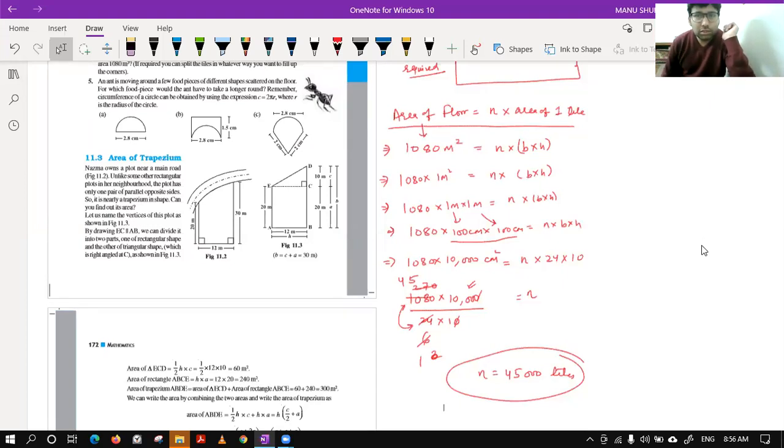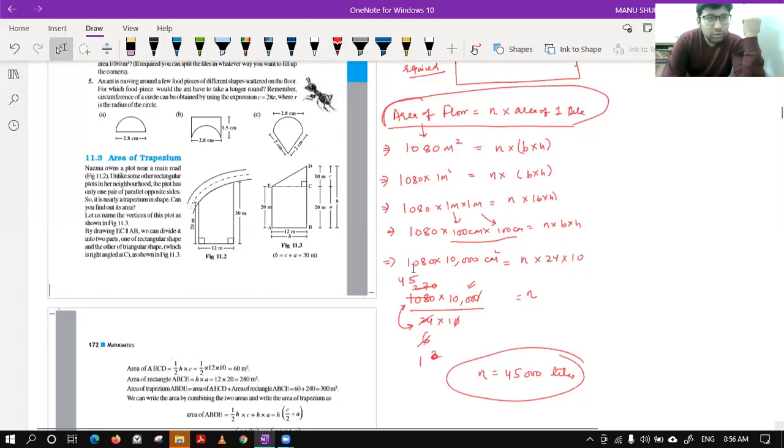How we used this statement? Please make sure that you are using the statement in every question, because without the story, it will not look good. Just writing the numbers directly and getting the answer is not good. You should write a story also before that. Okay, now let's see question number 5.